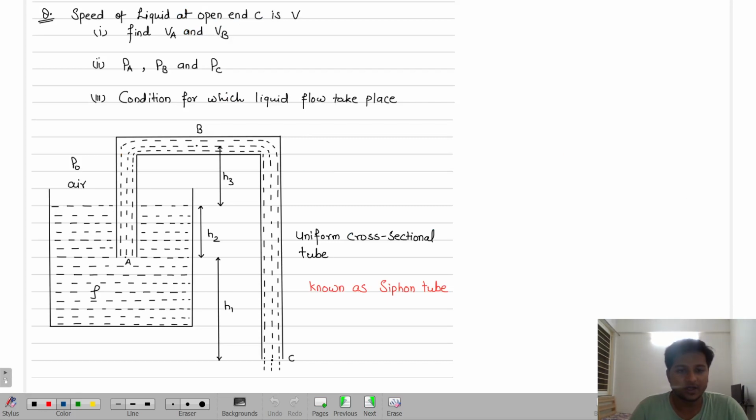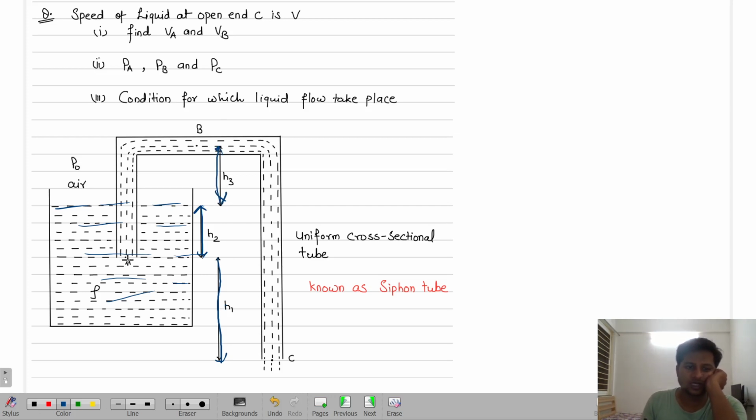This is called a siphon tube, which we utilize. It is saying that I have some liquid filled up till over here, and I have a siphon tube, and I am just applying some pressure. So it is asking, let's suppose the height inside the liquid is H2, the height from there to there is H1, and height above the liquid surface is H3.